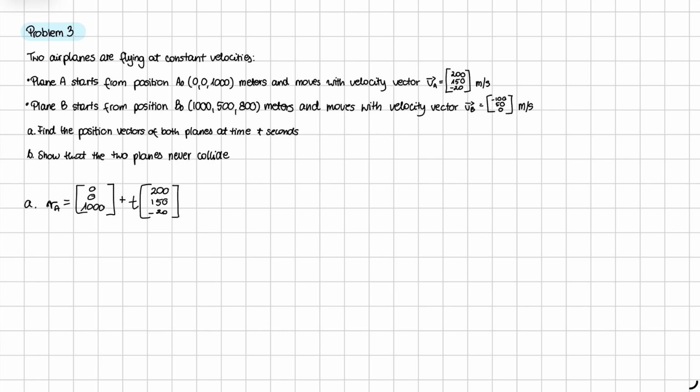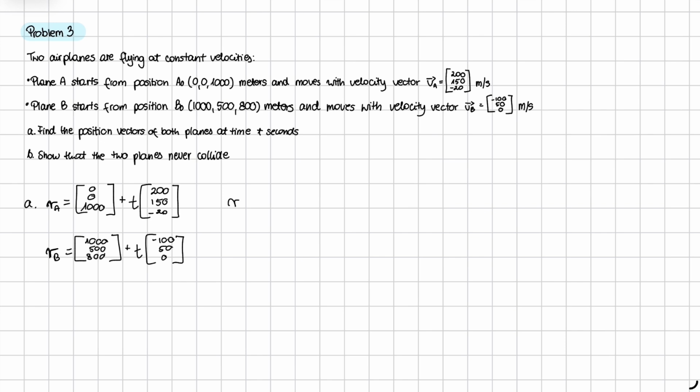And for our second plane, we have 0, 1500, 800 plus t, and our velocity vector is minus 150, 0, 0.